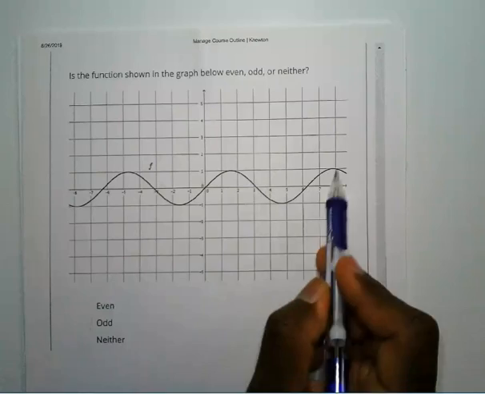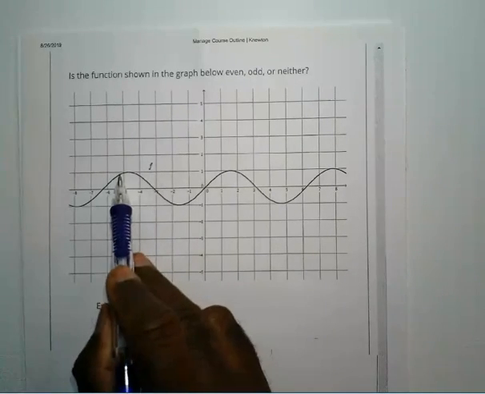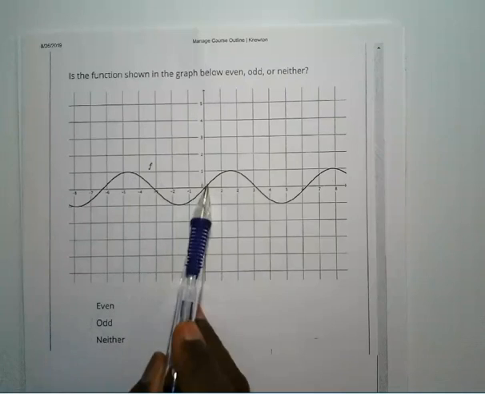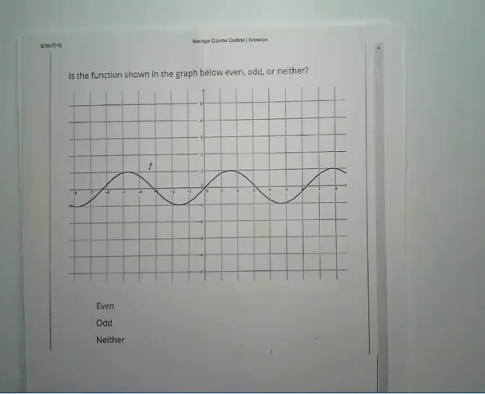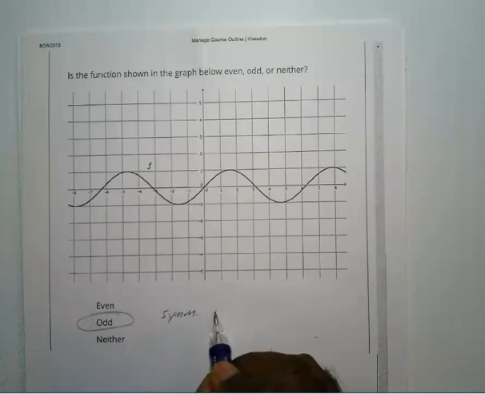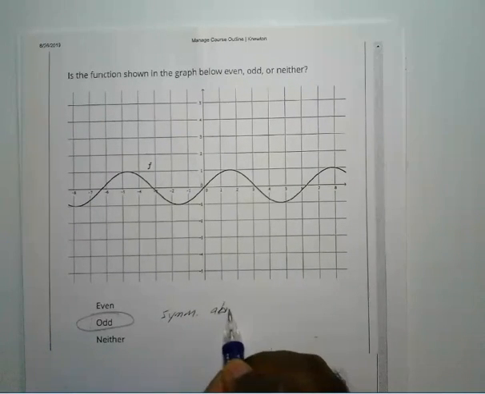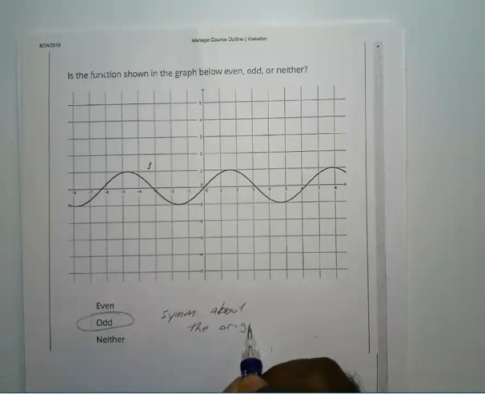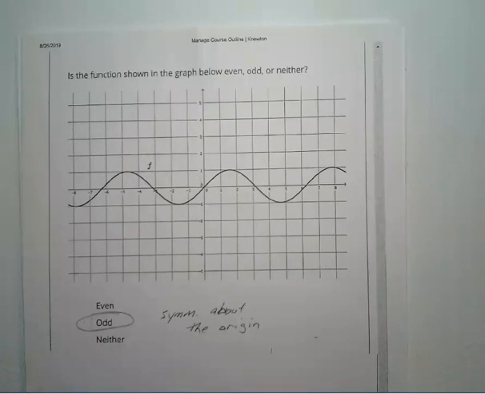So this entire graph, if you flip it over and then flip it over again, it gets right on that graph there. So that's how you know that this is an odd graph, because it's symmetric about the origin, or symmetric across the origin, however way you want to say it.